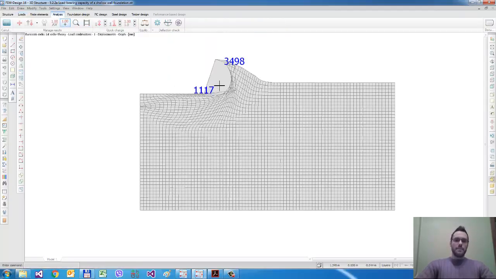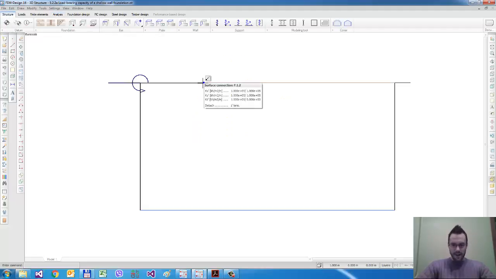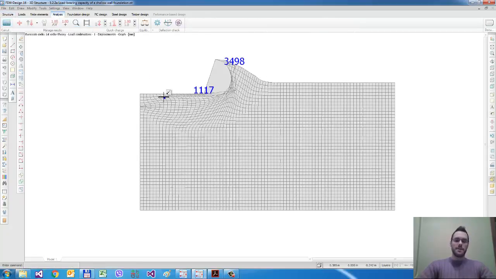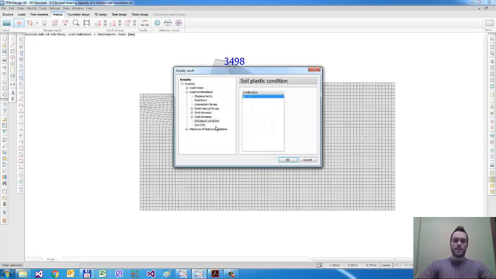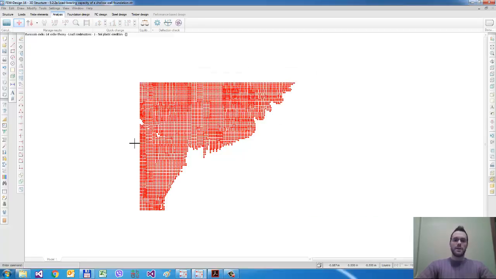So it means that we have 1100 millimeter settlement under the slab, and the complete width of the slab was 2 meters. So this slab has reached the load bearing capacity according to the Mohr-Coulomb criteria. And I can also check the soil plastic points for this load combination. You can see here under the wall foundation we have the plastic points.